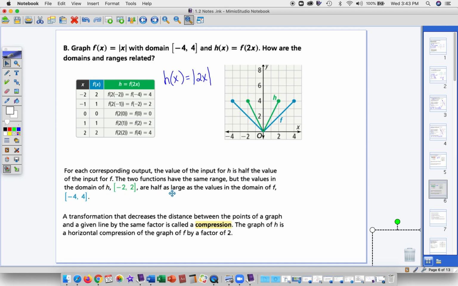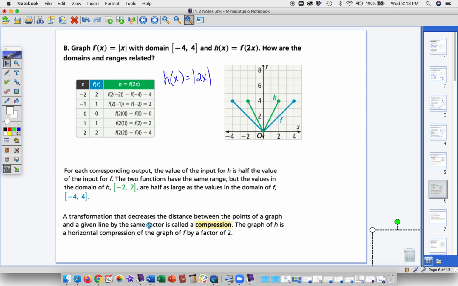The two functions have the same range, but the values in the domain of h go from -2 to 2 inclusive, and they are half as large as the values in the domain of f, which was from -4 to 4. So right there you can see how these x values are limited from -2 to 2, where these were restricted from -4 to 4.